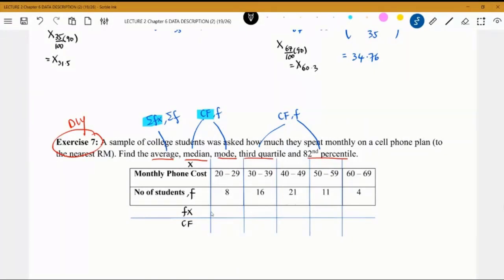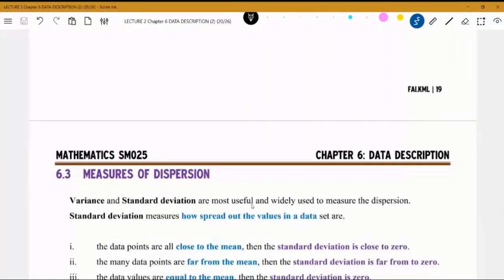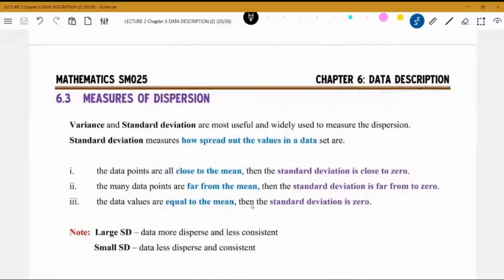Okay, so the next, which is the last subtopic for chapter 6, is measures of dispersion. When we talk about dispersion, it involves variance and standard deviation. So data distribution: how spread out the values are in the data.